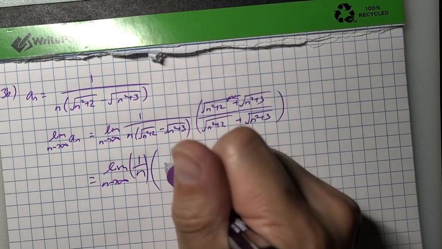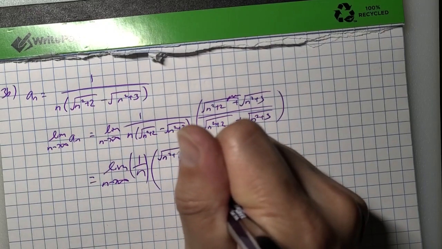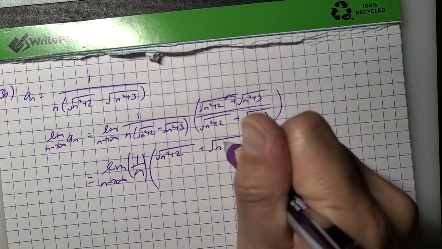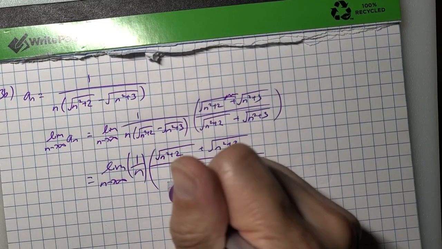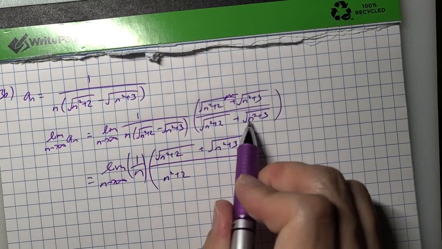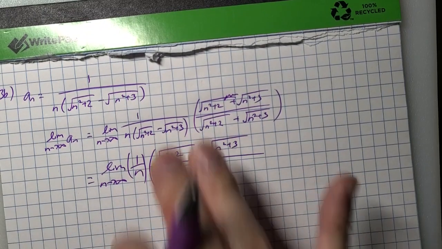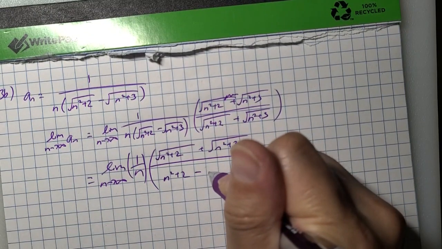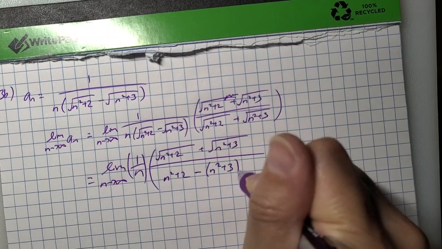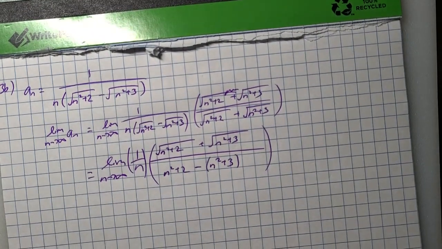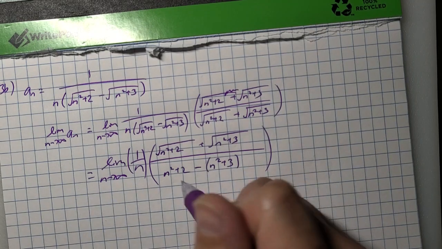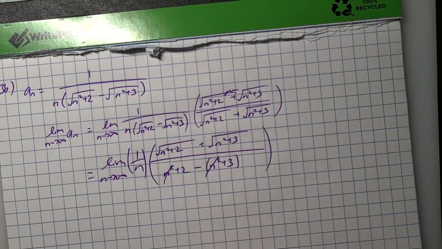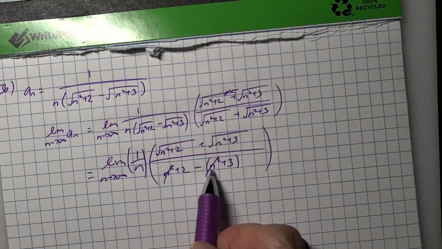So then we get the square root of n squared plus 2 plus the square root of n squared plus 3 on top. On the bottom, if we FOIL it, this would be n squared plus 2. This is plus, this is plus minus, those would cancel, so minus the parentheses n squared plus 3. We get this. Okay. So we know that this n squared and this n squared would cancel because of that minus sign.